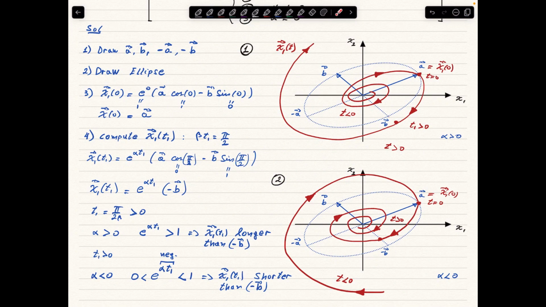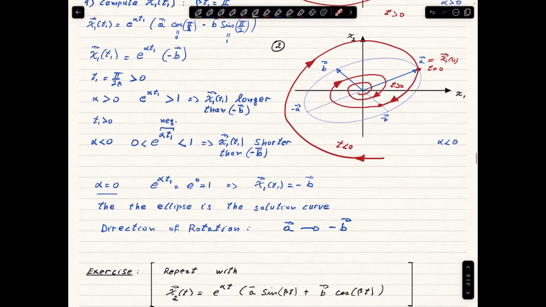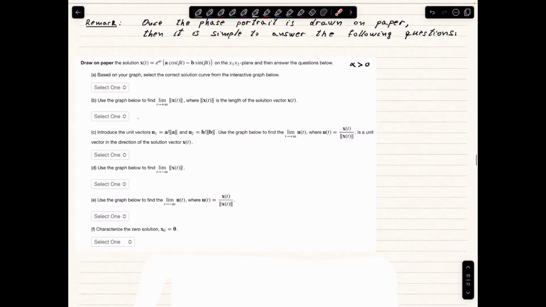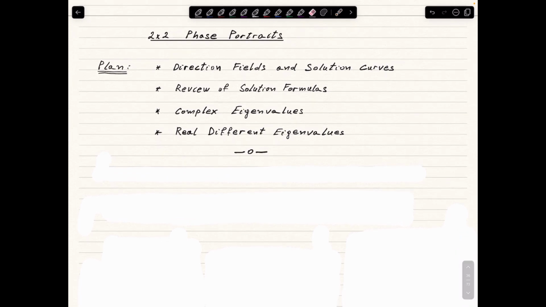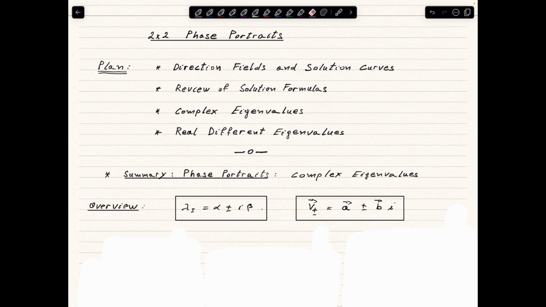Okay, we are back with our notes, and now we can summarize everything we have said. We already answered this little problem on the web board, actually. Now, as a summary, phase portraits, complex eigenvalues. Recall we are in the case where lambda has this form, alpha plus minus i beta, and the corresponding eigenvectors v plus have this real part and this imaginary part.